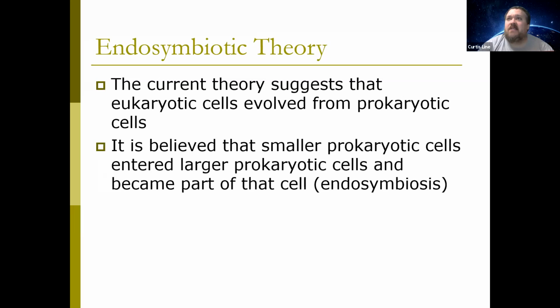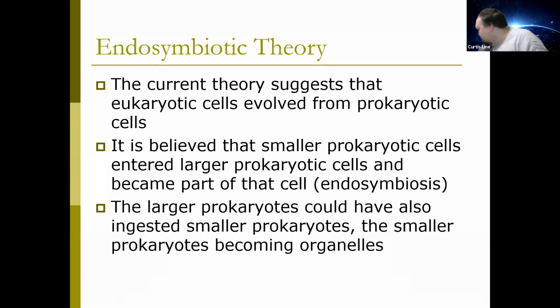It is believed that smaller prokaryotic cells entered larger prokaryotic cells and became part of that cell. So they essentially established a symbiotic relationship. Those smaller prokaryotic cells basically evolved into things like mitochondria and chloroplasts, and they became integral parts of the larger cell's metabolism.